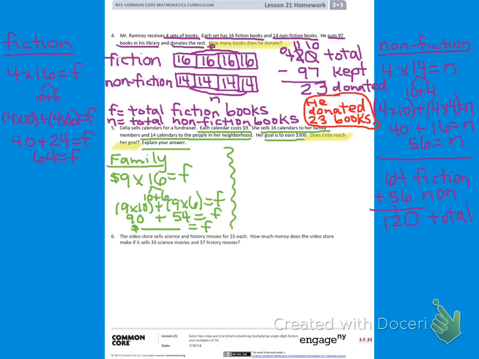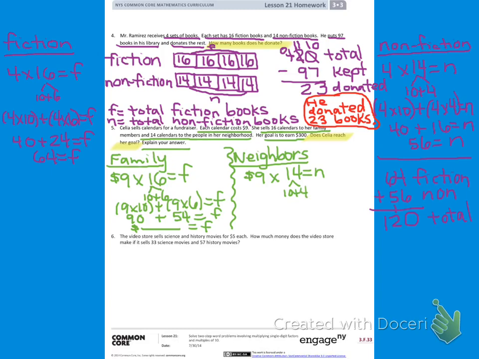Now let's figure out how much she made when selling to neighbors. This time, again, the calendars were $9 each times 14 neighbors. That will equal N for neighbors. Let's decompose 14 to be 10 plus 4.